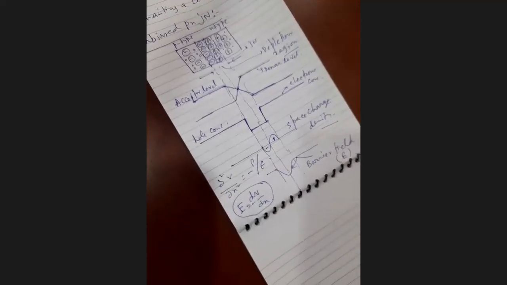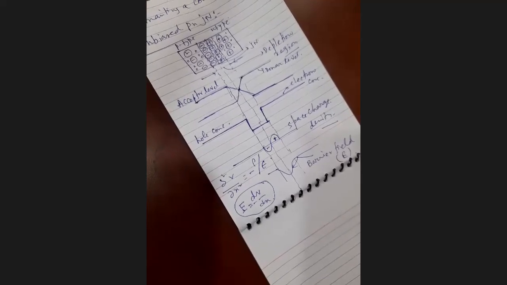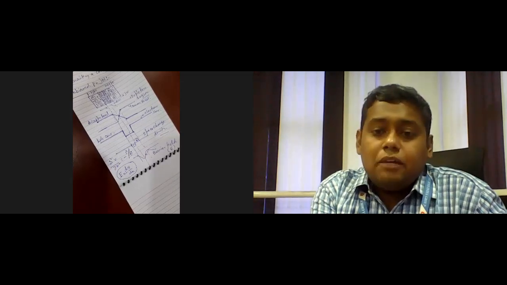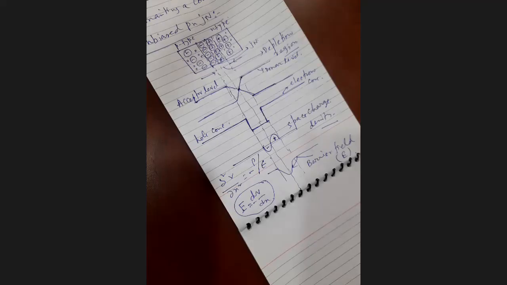So when we consider the unbiased PN junction, the immobile charge ions accumulate across the depletion region.